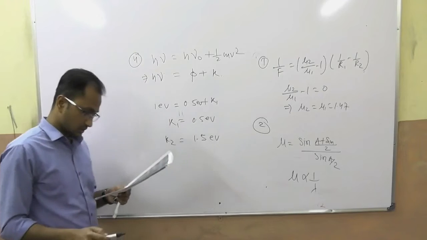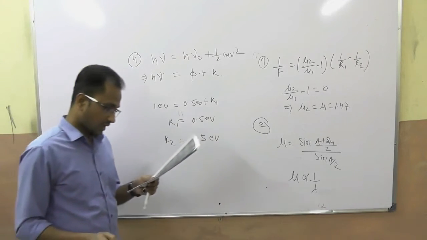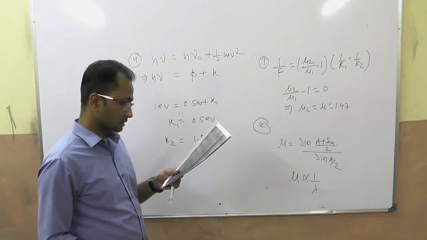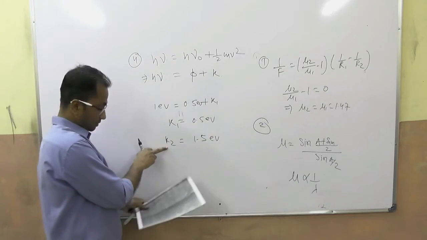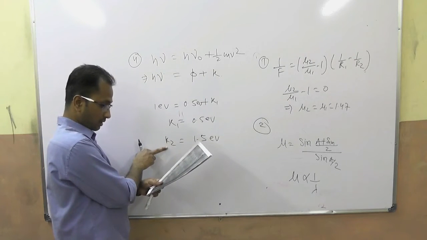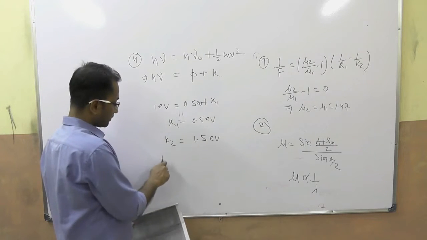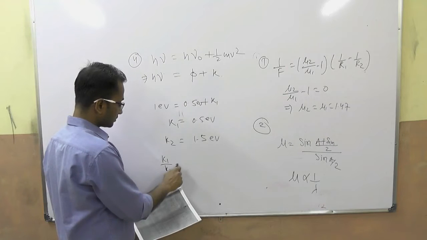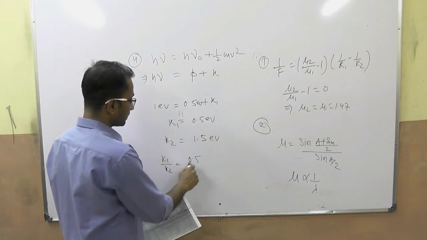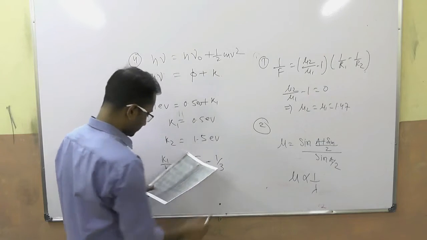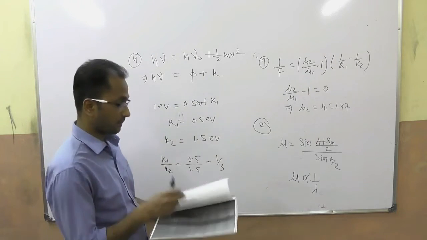The question is, kinetic energy of most energetic photoelectron in two successive cases. So K1 by K2 will become 0.5 by 1.5. This is 1 by 3. This is option C is correct.